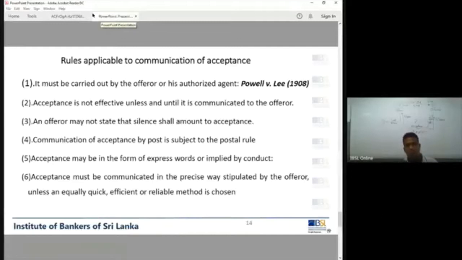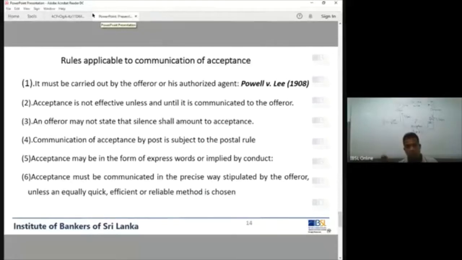For example, if the offeror says the acceptance should come by way of a letter, then the offeree has to write a letter.